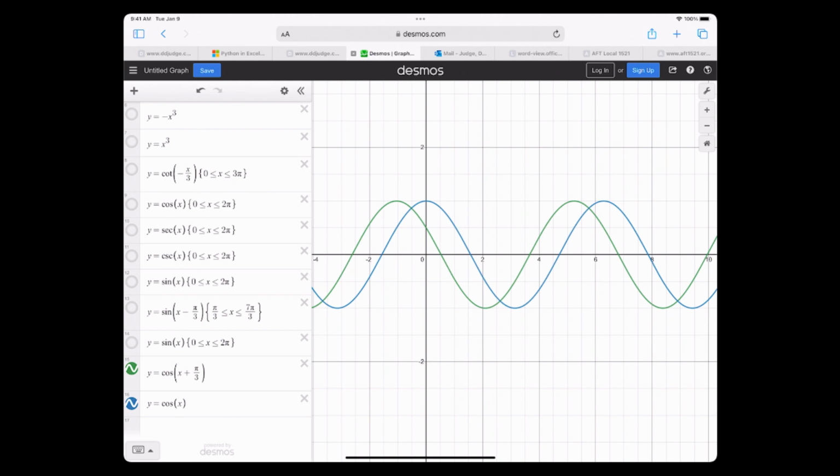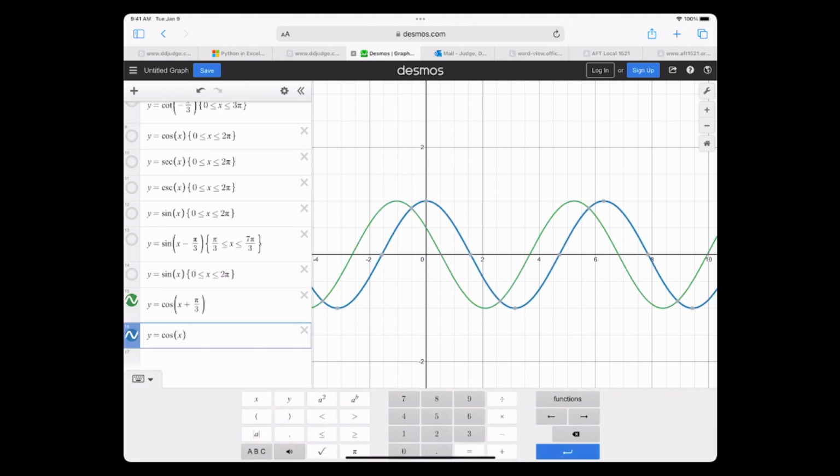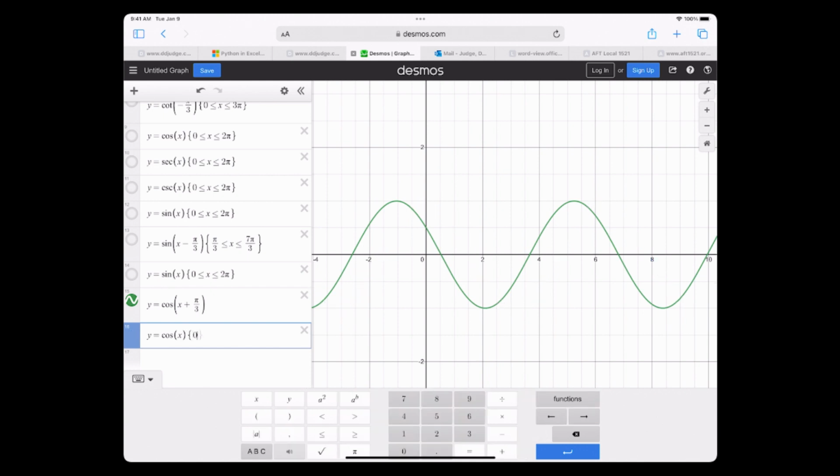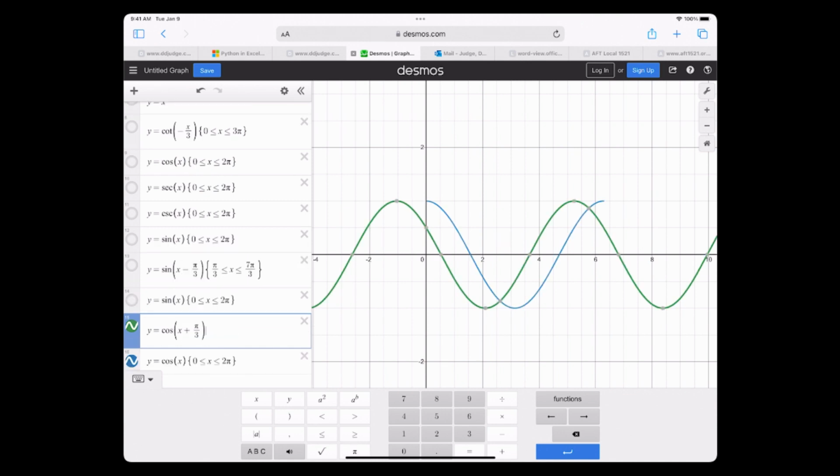So what I'm saying is the cosine curve started where? At negative pi over 3, okay? So if I wanted, and I'm going to do that, I'm going to share with you guys what this looks like, because I want to be complete. Remember, the interval here was from 0 to pi. What was the interval for the new one, the phase shift?